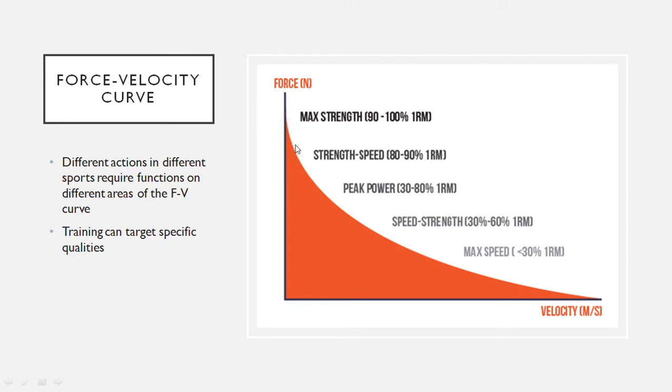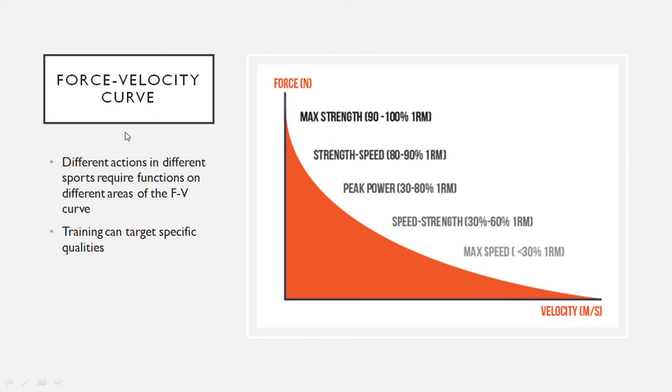If we get them to put 50% of their 1 RM on the bar and move that as fast as they can, they're going to be pretty fast, and the force is going to be relatively high. But if we get them to move just the empty barbell, assuming that's not their 1 RM, and move it as fast as they can, they're going to be able to move that really, really fast, but there's going to be very low force.